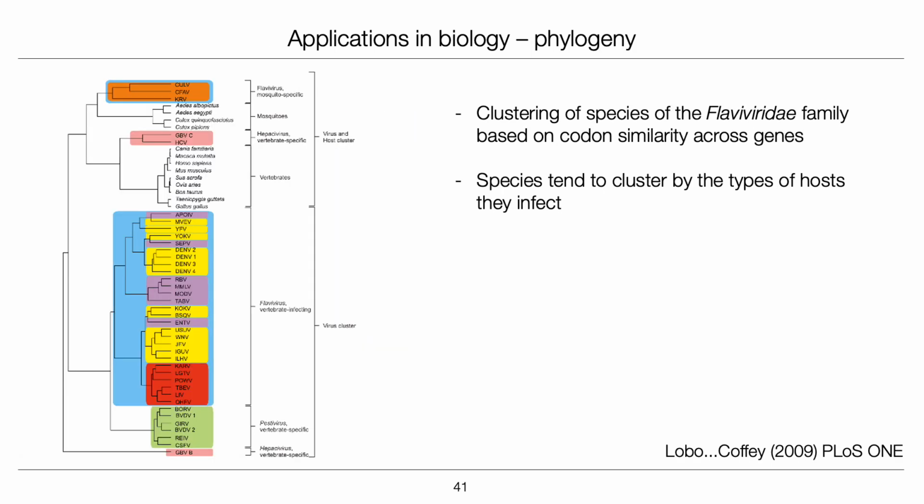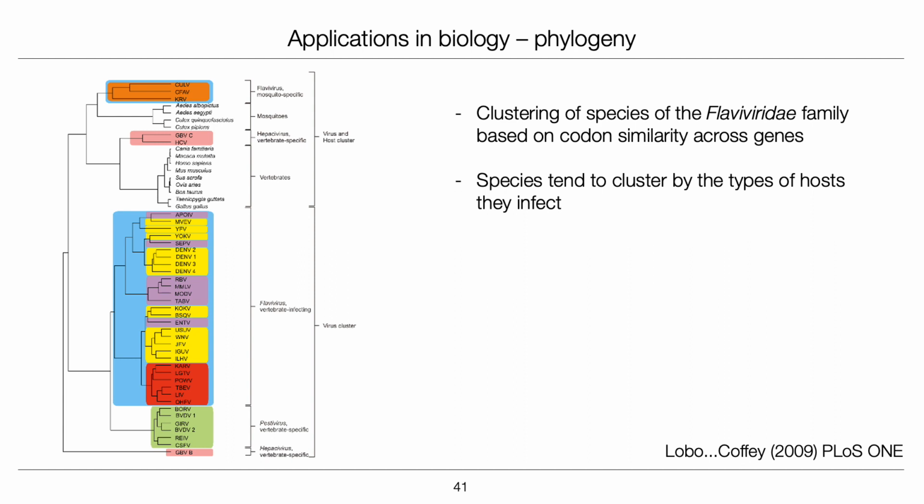Here is another example for applying hierarchical clustering to phylogeny, the study of evolutionary relationships among species. Flaviviridae viruses infect humans and animals.